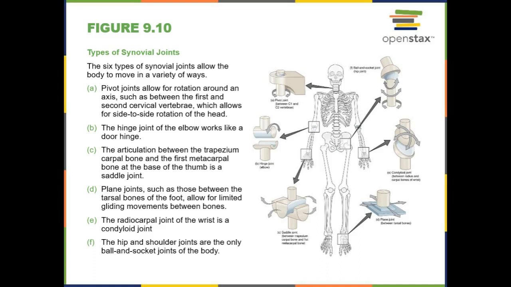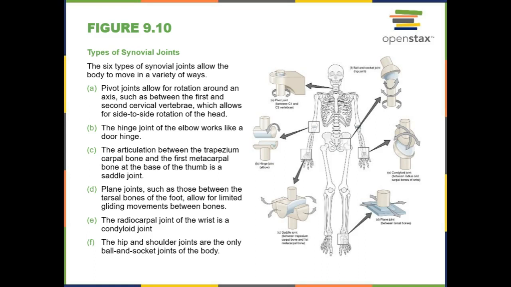So a condyloid joint would be a joint between the metacarpophalangeal joints and the metatarsophalangeal joints, allowing our fingers to move out as abduction, adduction, and bend or as a hinge joint to wave high, to kind of say hi. Okay.